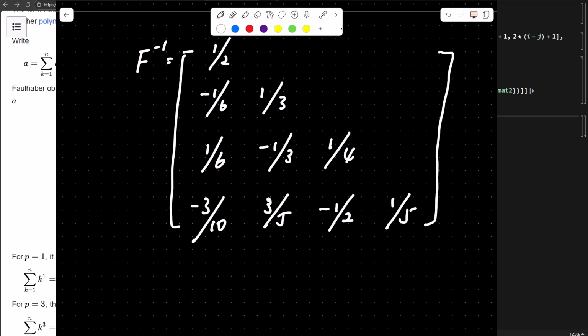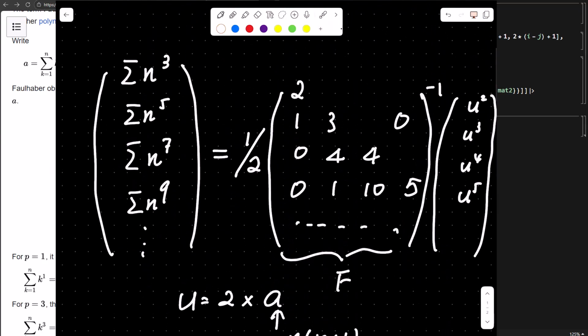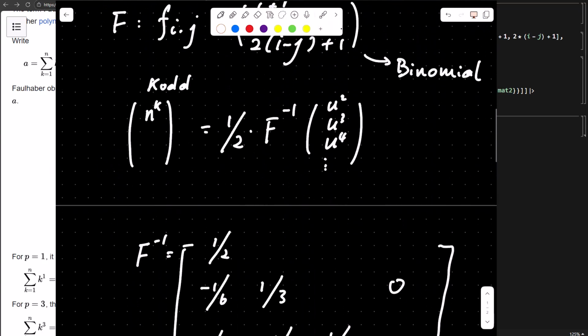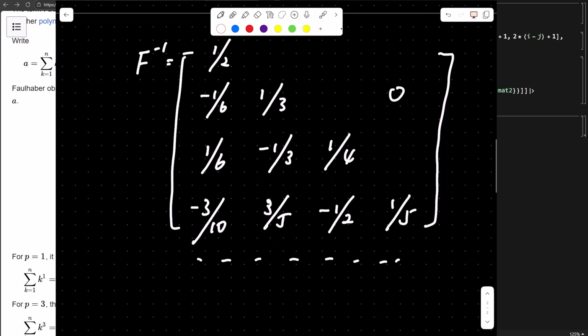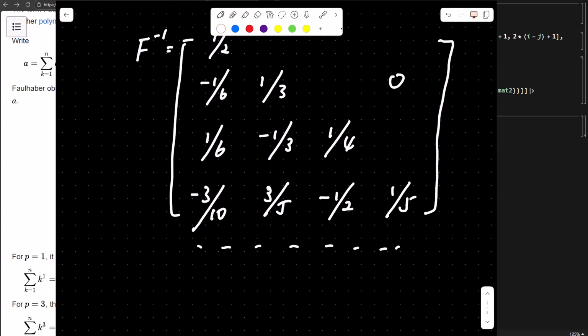And this is the F inverse, and of course we have more terms, and everything that's not showing here is exactly 0, same as the zeros here. It's a lower triangular matrix. And in this way, you can express everything for the odd terms.